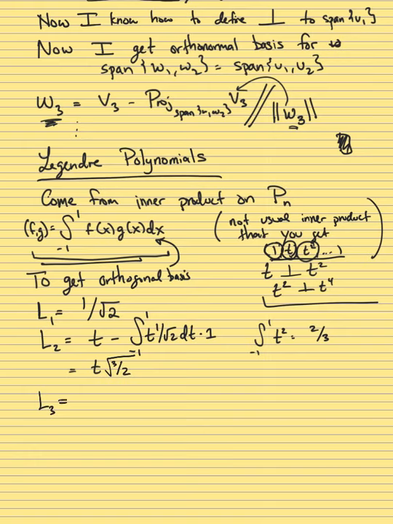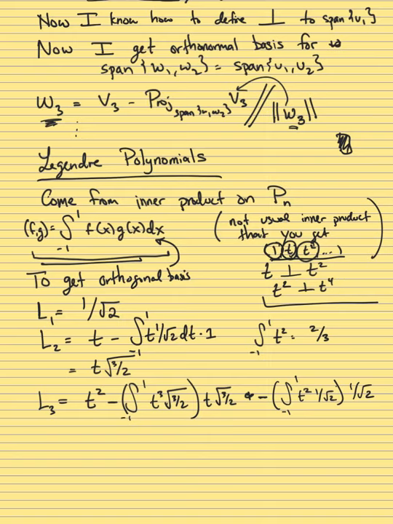You take t squared minus its projection, so you get the inner product from -1 to 1 of t cubed 3/2, times the vector t 3/2, minus the inner product with L1, so you get the integral from -1 to 1 of t squared times 1 over root 2, times 1 over root 2.